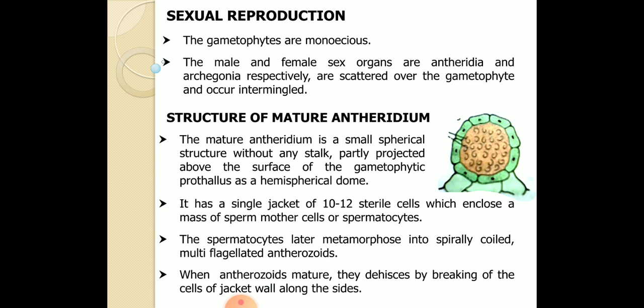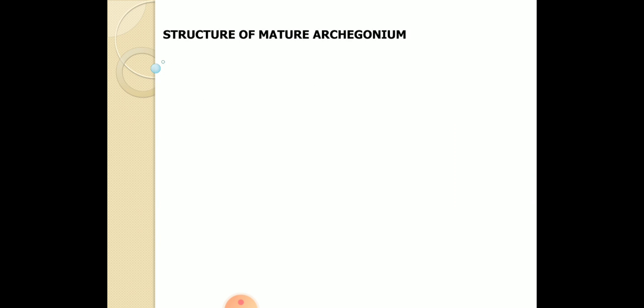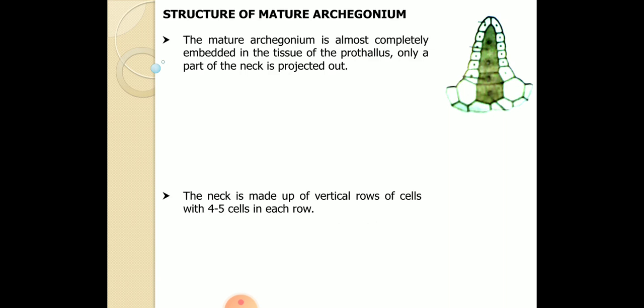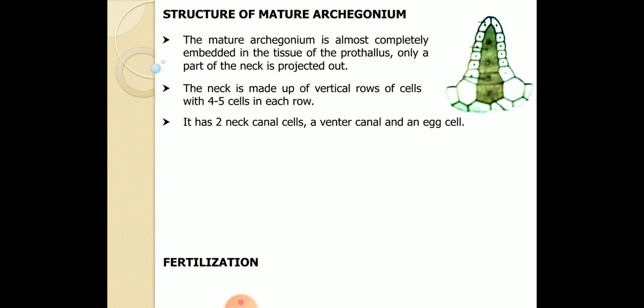These spermatocytes later metamorphose, and spirally coiled multiflagellated antherozoids are formed. These antherozoids mature and are released by breaking out of the jacket cells along the wall of the side. Usually these antherozoids help in the formation of sperms. Sperms are biflagellated structures that serve as the male reproductive structure.